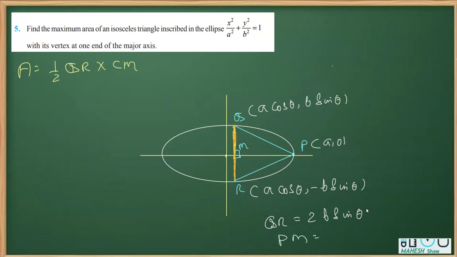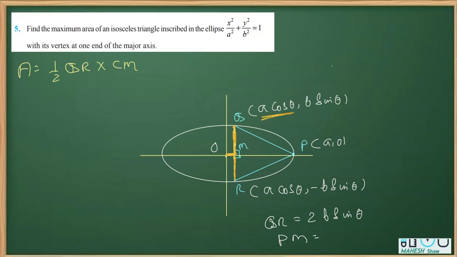This being the origin, OM is the coordinate of M, which is A cos theta. That means from center to this point M, its distance is A cos theta. And from here to here, it is A.